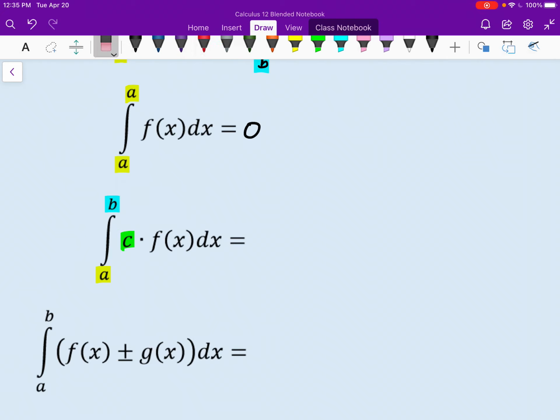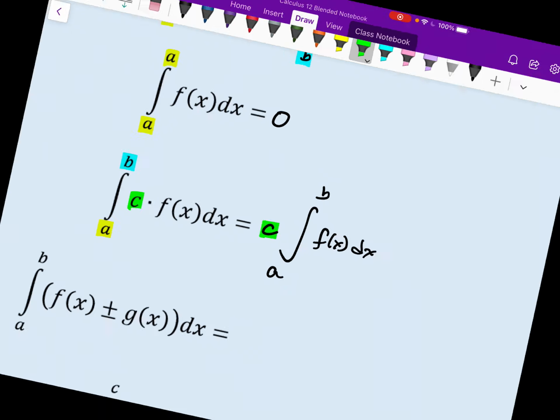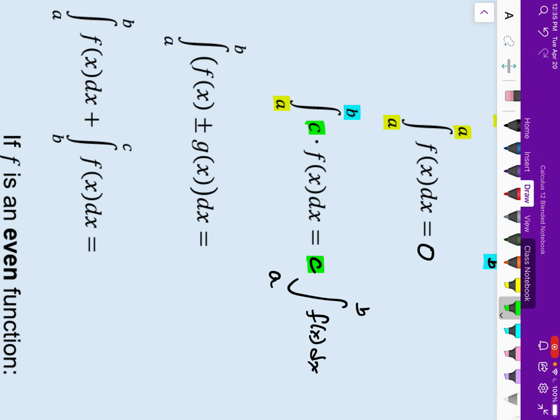So really, I can imagine this as being equivalent to c times the integral from a to b of f of x dx. It's the same thing we dealt with when we were differentiating. If we had a constant, we could cast it aside and focus on what really mattered, the part that varies.